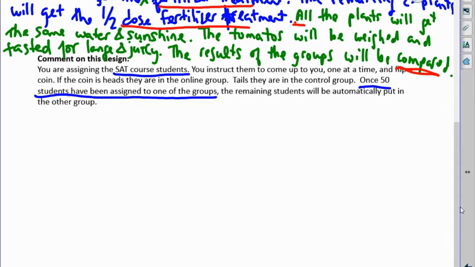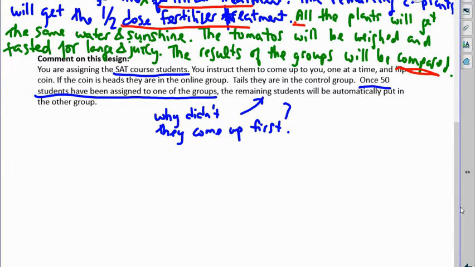This is not a good way to do a design, because these remaining students, why didn't they come up? So you're going to end up with a whole bunch of kids who potentially have a similar characteristic. I'm not sure what that characteristic is, but they wouldn't come up first.